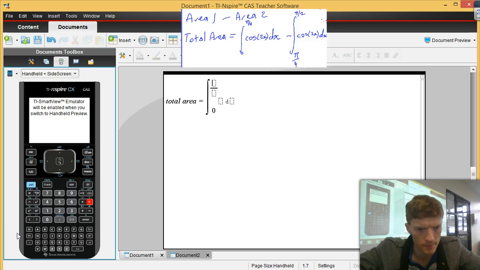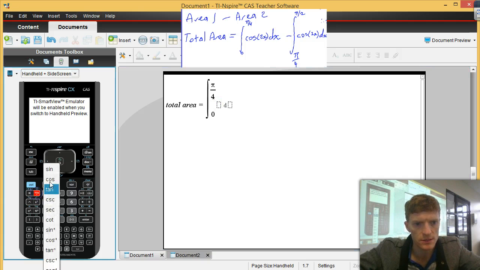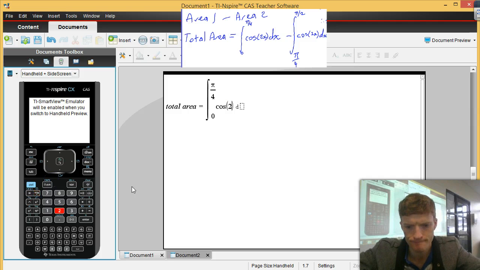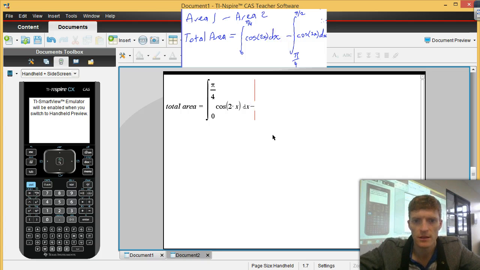So set that up, pi on 4 of our function cos 2x dx. Do the same for the second one, but as you can see, we have to subtract that second definite integral.